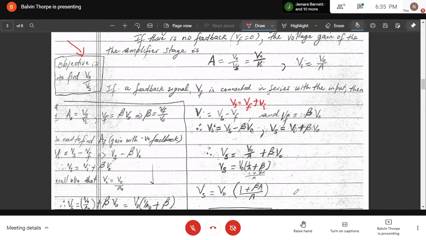So, if that's the case, we can write what VS is in terms of VO. We said that VS equals VI plus VF. We know that this is VI, and we know that this is VF.